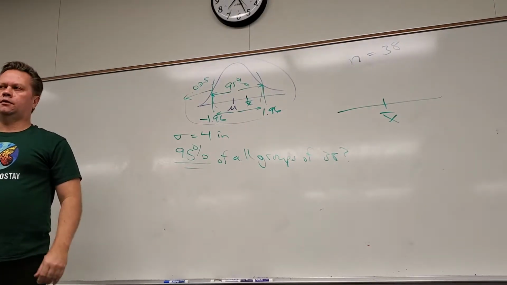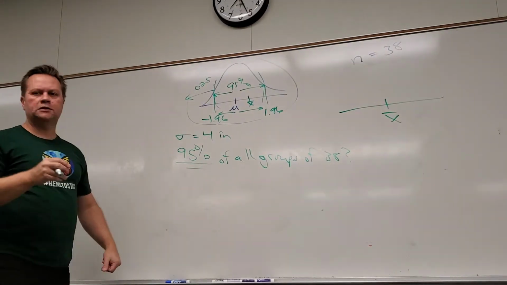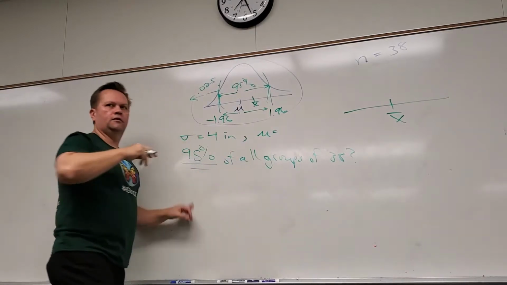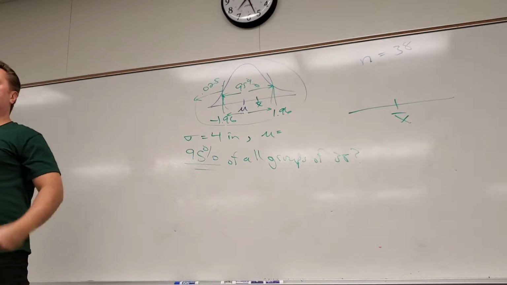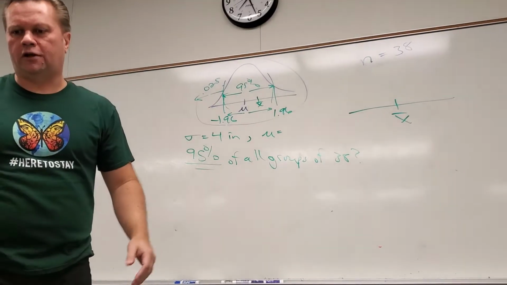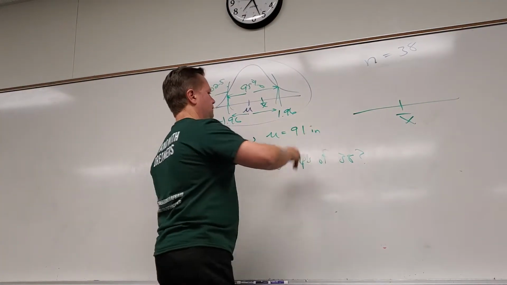Okay. Now, if I want to construct this, let's pretend that we're the dolphin god. All right, I love it. You guys just go with me. And I know that the average length of all dolphins is 91 inches.